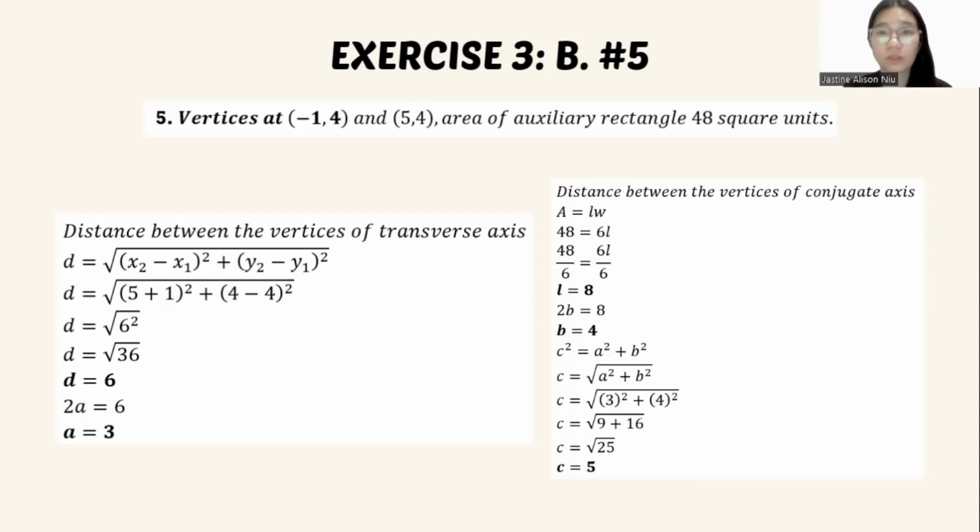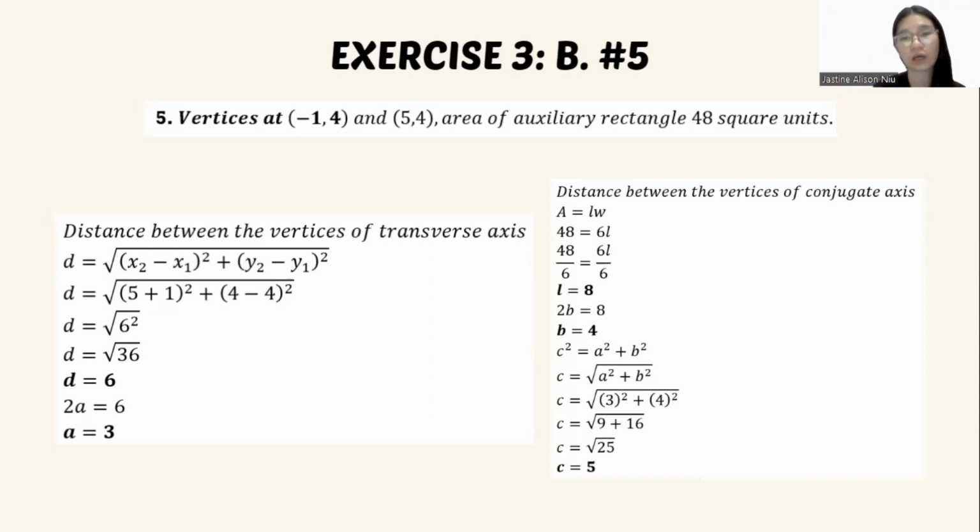The area is 48 square units, so 48 equals 6L, because the distance in the first equation is 6, we substitute it as the width. To find the length, we divide 48 by 6, so the answer will be 8. To find the letter B, we divide it by 2, so the letter B is 4.